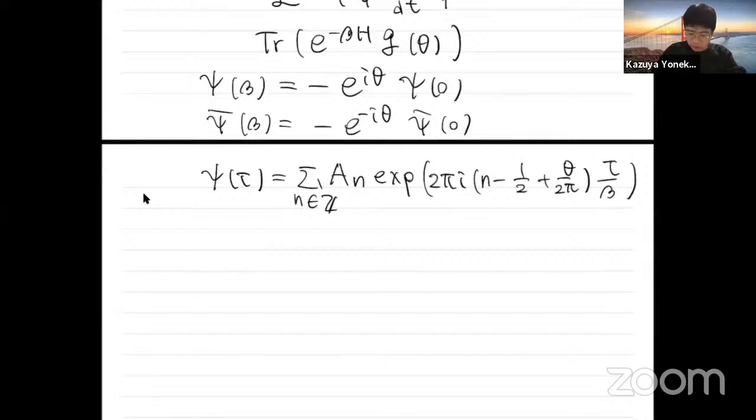So this is the Fourier mode expansion. So this -1/2 comes from this thermal boundary condition, and also this theta over 2 pi comes from this one.